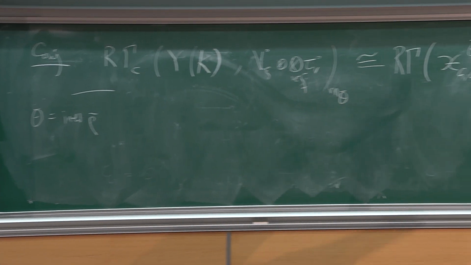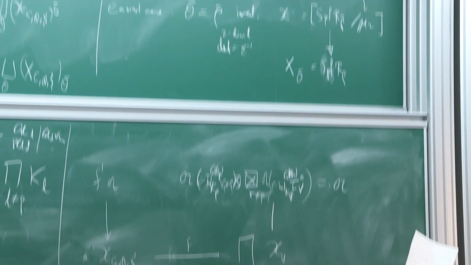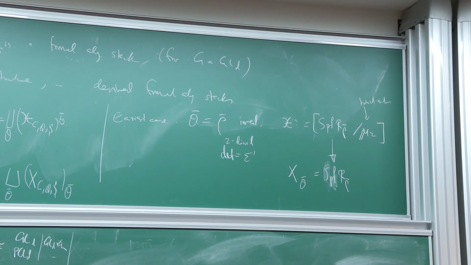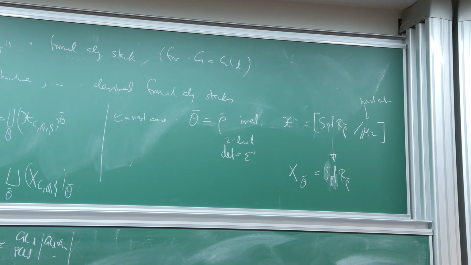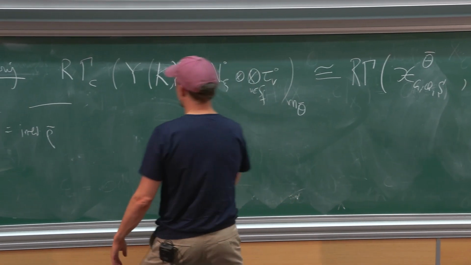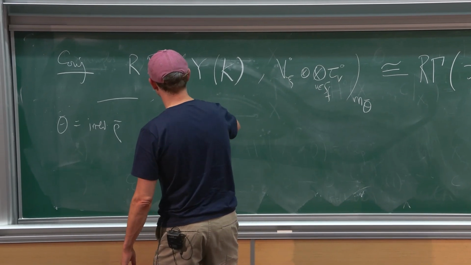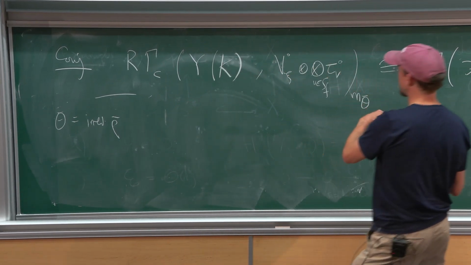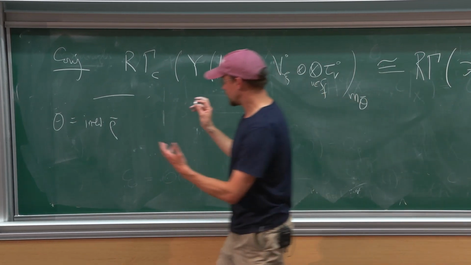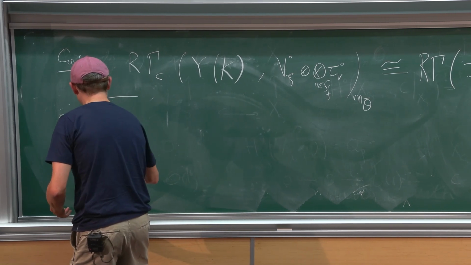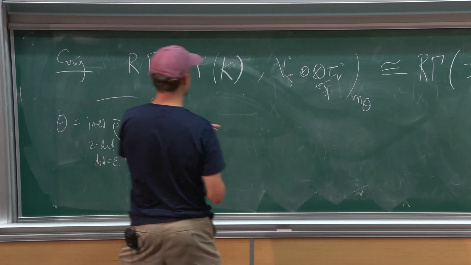But even there's kind of something to see. So in that case, what do we have? Let me say again, I want to be two-dimensional and determinant the inverse cyclotomic character.